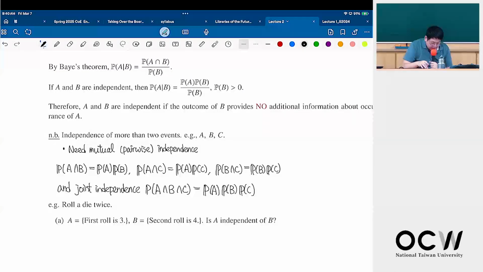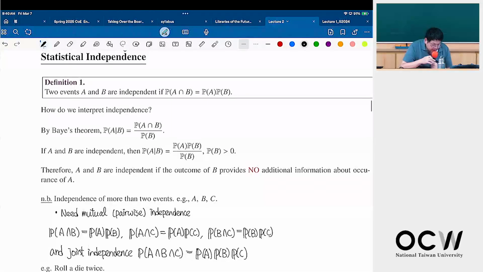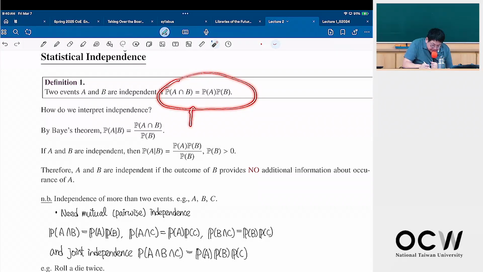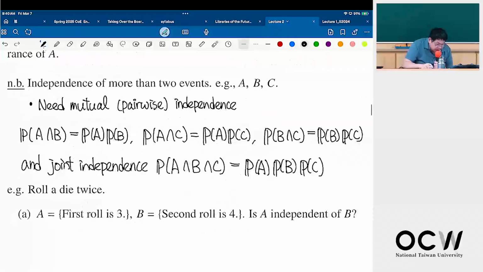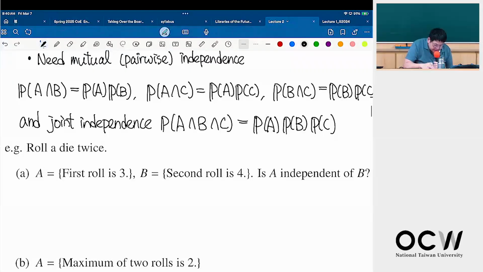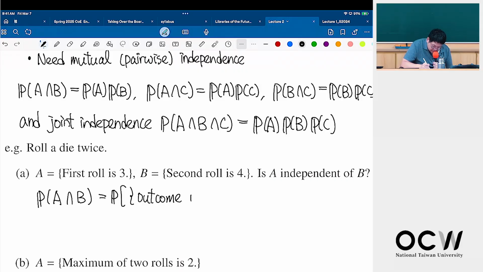To check if they are independent, we must satisfy this equation. So we need to find A intersect B. The probability of A intersect B means the outcome where the first is 3 and the second is 4. This outcome 3, 4, for rolling the die twice, has probability 1/36.